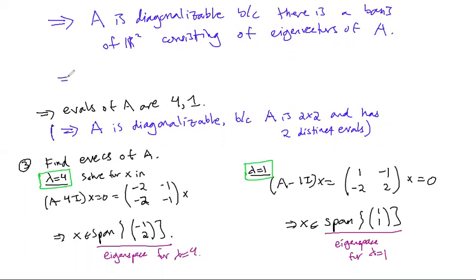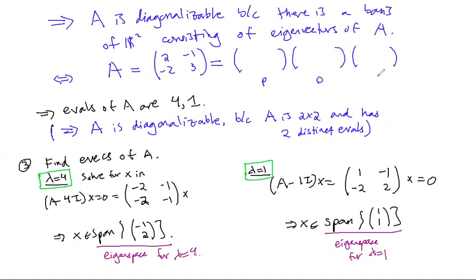And so in fact, we can write A as PDP inverse. So A is 2, -2, -1, 3, and let's write this as some matrix P times some matrix D times P inverse.